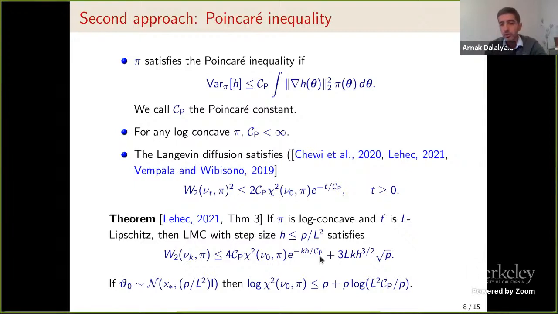It also involves the Lipschitz constant L and the Poincare constant P. And the chi-square divergence between the initial point mu0 and pi can be upper bounded as well in the case where the initial point is chosen as a Gaussian distribution centered at the minimum point of the potential function.